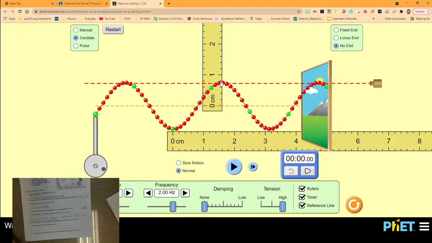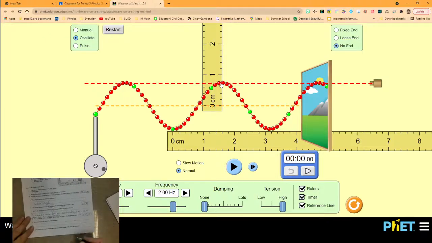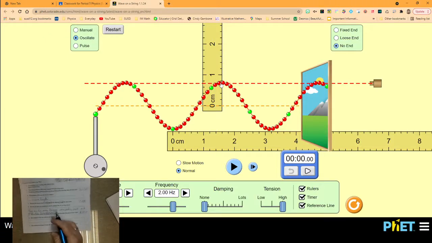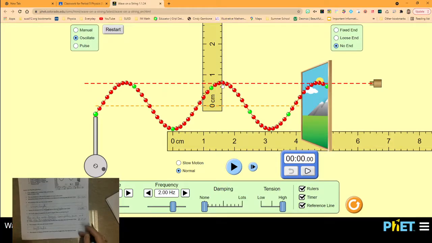It's a little less than 0.6 because I'm going to look at the center of the bead. I think it's 0.55 centimeters. What property of the wave did you just measure? The distance from the center line to the peak or the crest is the amplitude. That's the amplitude of the wave.